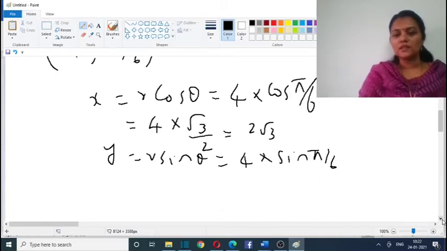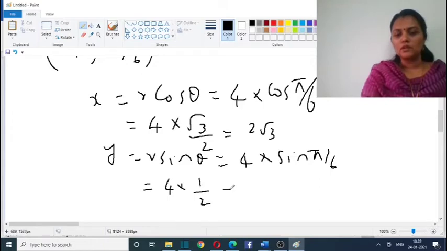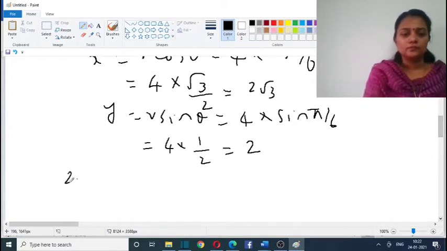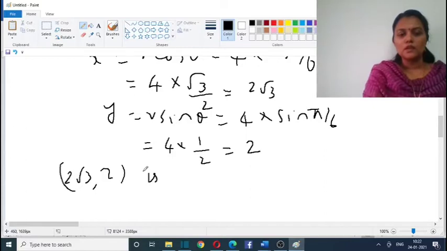Sin 30 is 1 by 2, so 4 into 1 by 2 is equal to 2. So (2 root 3, 2) is the rectangular coordinate point.